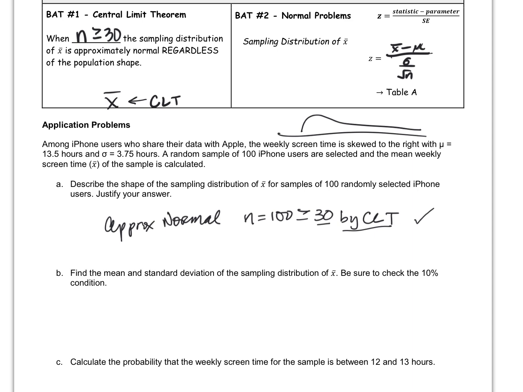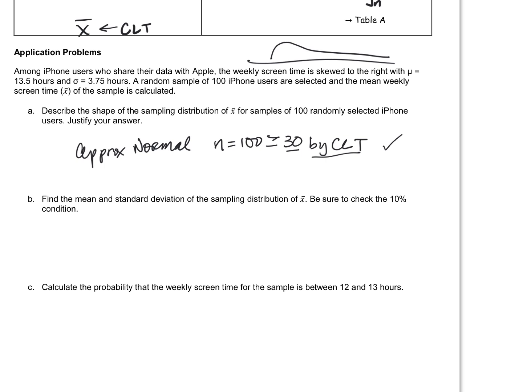All right. Now, find the mean and the standard deviation of the sampling distribution. This is just review from what we've done. It does say check that 10% condition. Why do we need to check that? Do you remember? That's to check for independence, which allows us to do the standard deviation calculation. Yes. So let's check that 10% condition.